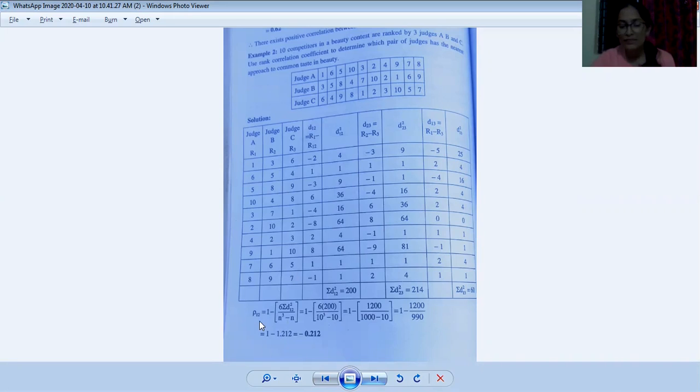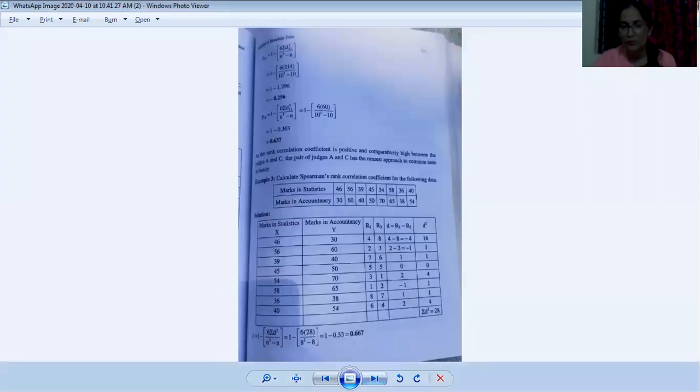Looking at this, we can conclude that there is a negative correlation between judge A and judge B, because rho 1,2 is minus 0.212, and there is a negative correlation between judge B and judge C as well. This is rho 2,3, and this is rho 1,3, which is a positive number, 0.637.